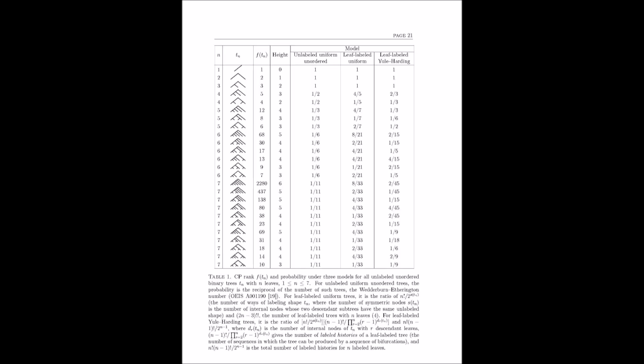And because of that structure, it always earns the highest possible CP rank for that given number of leaves. Now, pseudo-caterpillars, on the other hand, are like caterpillars that are trying to be a bit more respectable. They have that long central branch, but there's a touch more symmetry in how their leaves are arranged. So caterpillars are the rebellious teenagers of the tree world with their off-the-charts CP ranks. Yeah, and the pseudo-caterpillars are trying to conform a bit more.